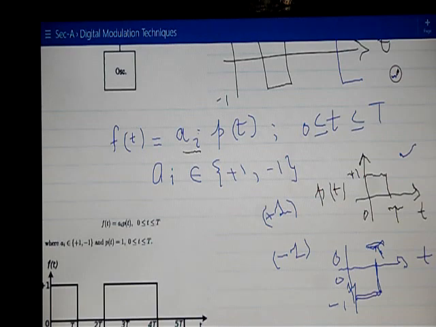So a i p of t is either plus or minus depending upon the binary data, 1 and 0.